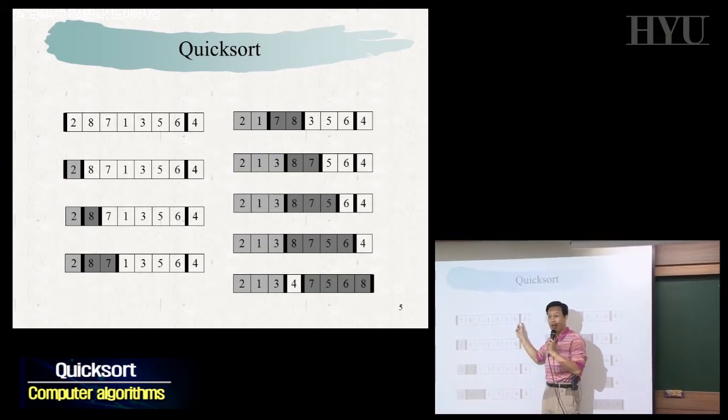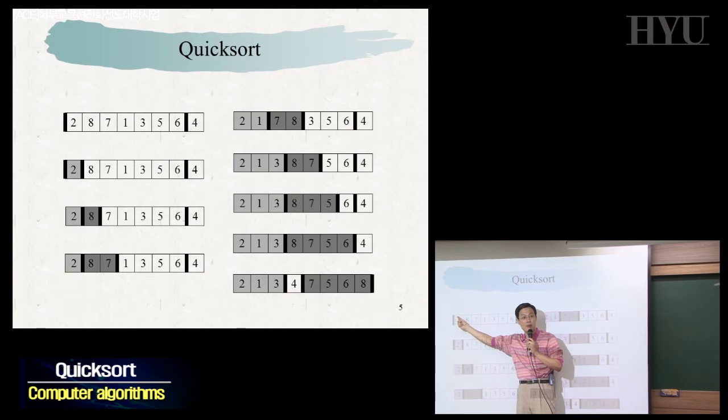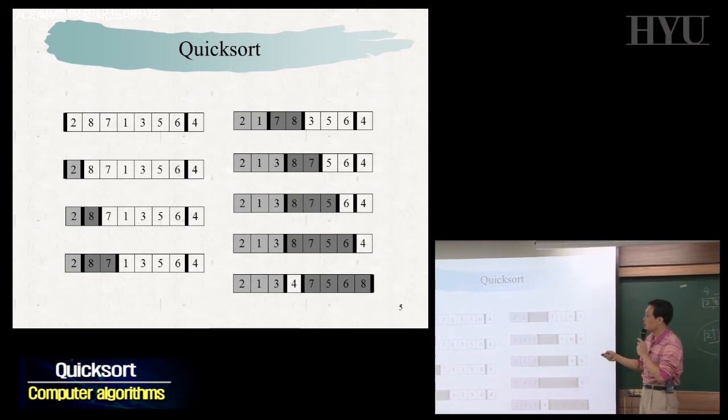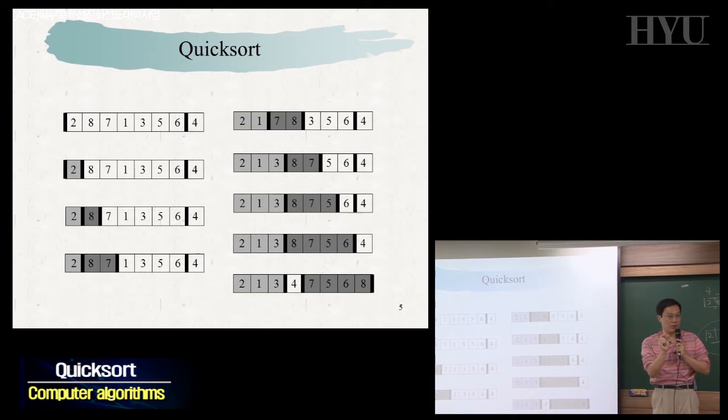With this pivot element, it scans from the left. First, we maintain 2 intervals, a smaller partition and a larger partition. In this case, 2 is smaller than 4, so we extend the smaller partition.